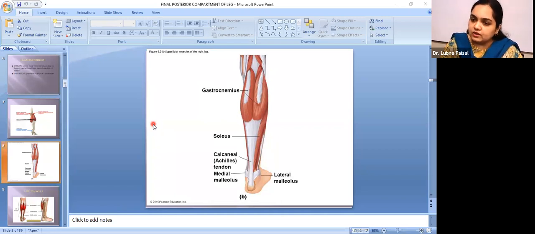The extensor retinaculum is done for the anterior compartment, and the peroneus brevis and longus are also held by a retinaculum. For all the muscles in the posterior compartment, the continuation of the transverse intermuscular septa, when it descends, forms the flexor retinaculum, which is attached to the tip of the medial malleolus and the calcaneum.